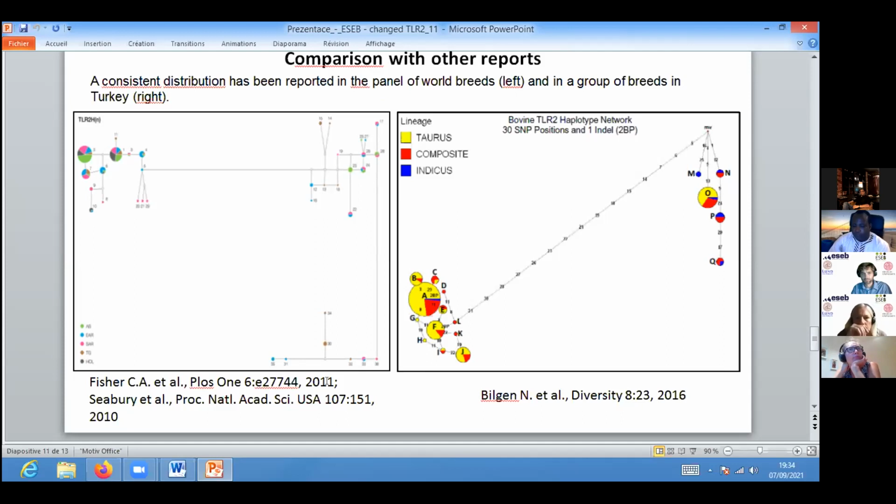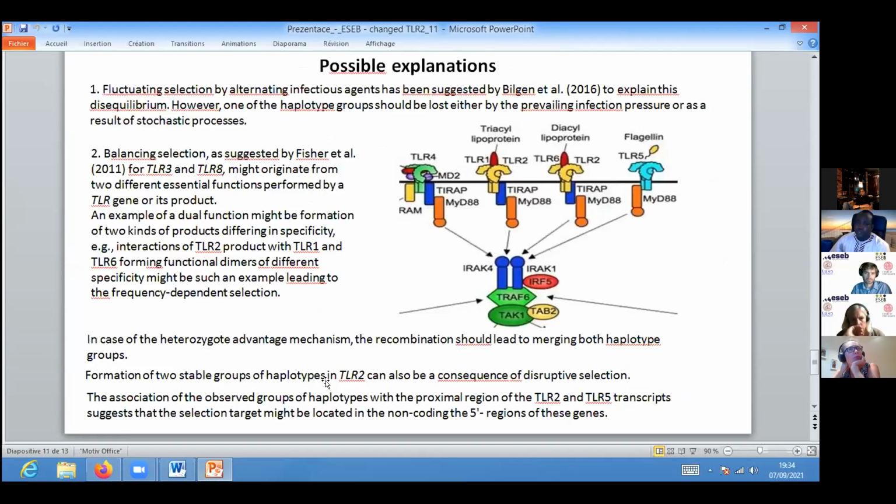However, the origin of this disequilibrium is still not explained. So actually, we are trying to give some hypotheses which can be a possible explanation of this disequilibrium in the haplotype structure.